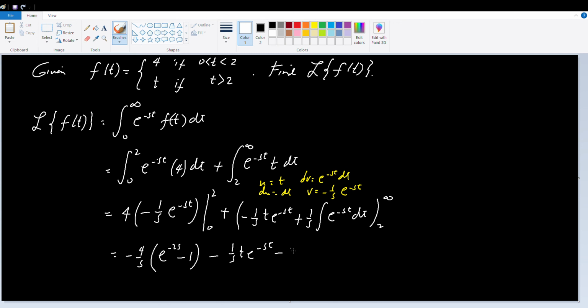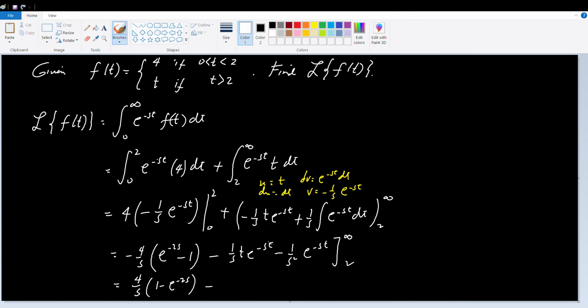That will be negative 1 over s squared e to the negative st from 2 to infinity. Alright. So what we have here is, I can write this as positive 4 over s, 1 minus e to the negative 2s. And this one, negative 1 over s, okay?